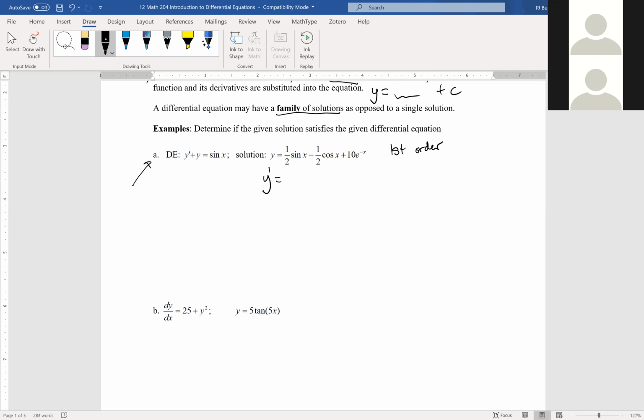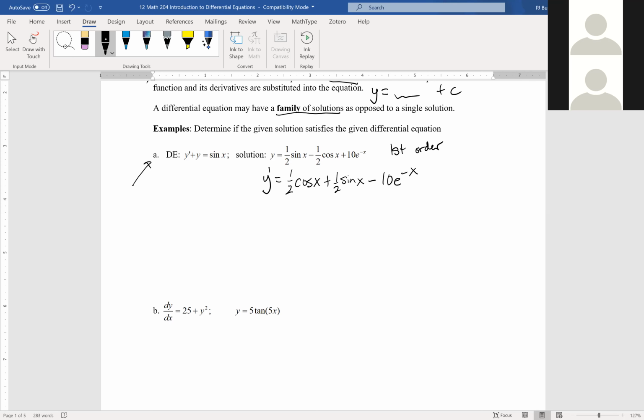Well, derivative of sine is cosine. Derivative of cosine is minus the sine, and it's already minus, so this becomes plus. And the derivative of 10e to the minus x is minus 10e to the minus x.